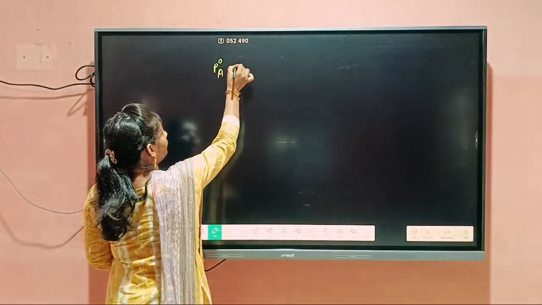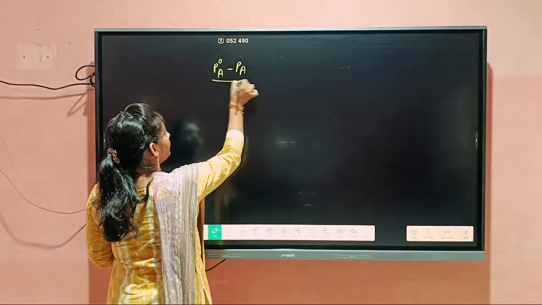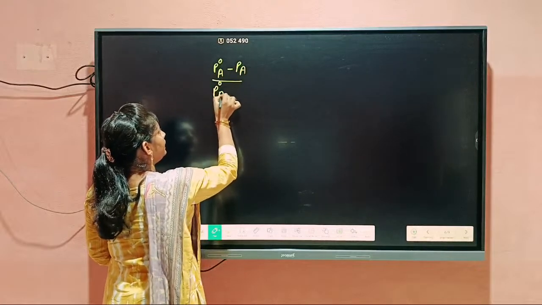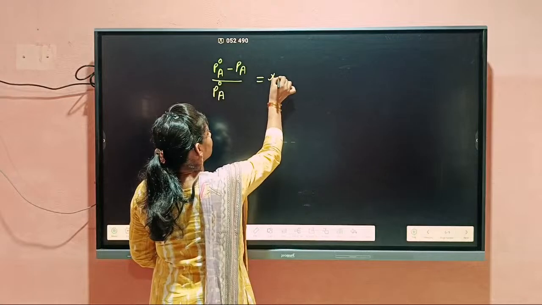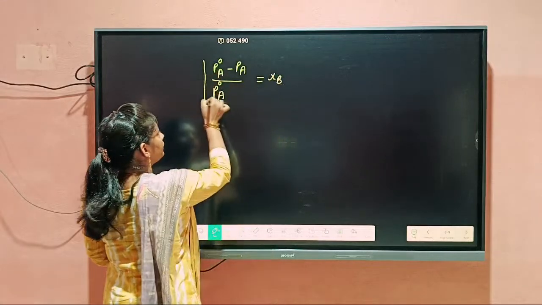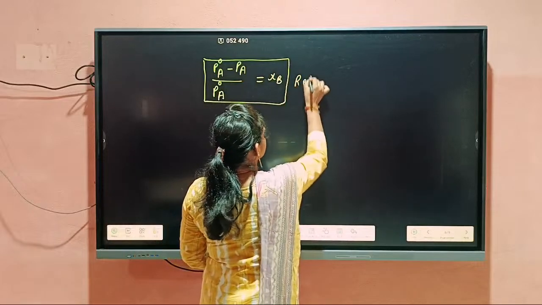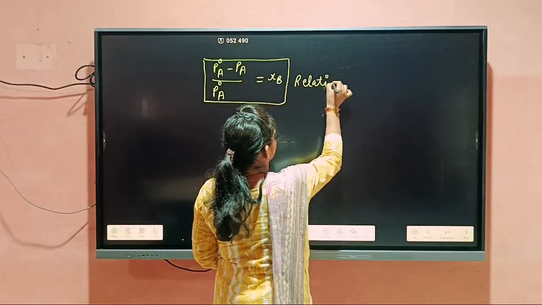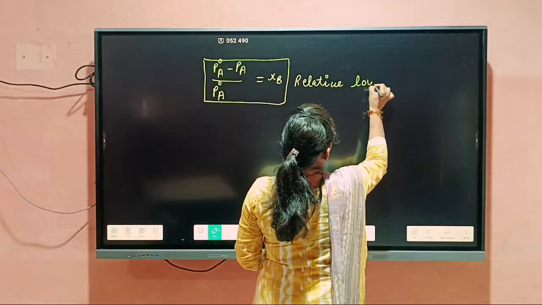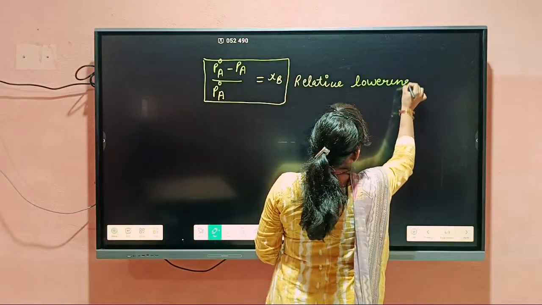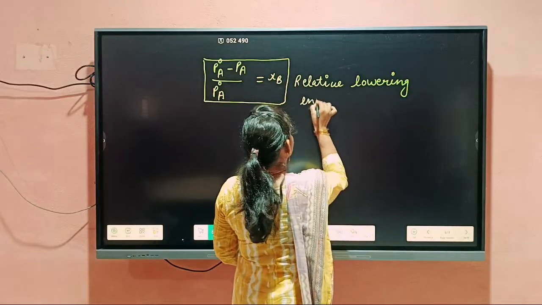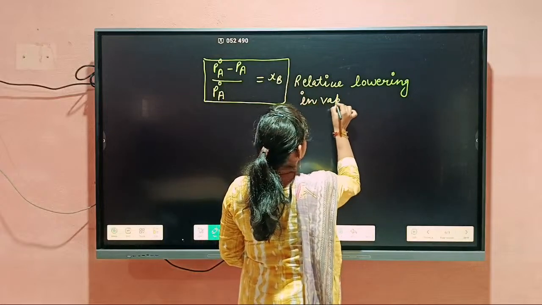P naught A minus PA by P naught A is equal to XB. This is the equation for relative lowering of vapor pressure.